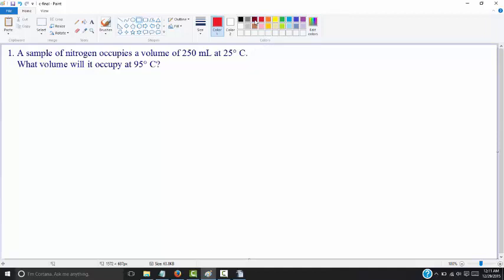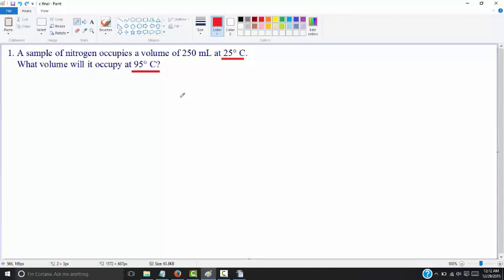And there's one thing I need to point out right away, and it's something that always throws off students if they're not paying attention. That is these. When you're solving problems with Charles' law, the temperature must be in Kelvin, not Celsius. So you cannot plug in 25 degrees Celsius or 95 degrees Celsius and get the correct answer.